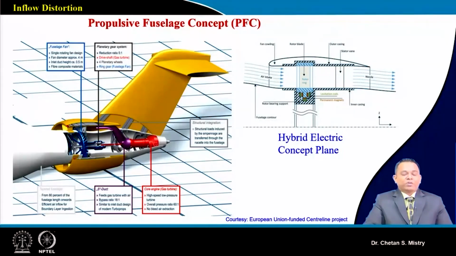Now this fan was run by a gas turbine engine, and we can understand this fan is being used as a propulsive device in order to minimize the drag effect and improve the specific fuel consumption. Later on, they explored using a hybrid electric configuration where they have a PMDC motor that is used to rotate this fan. Okay.